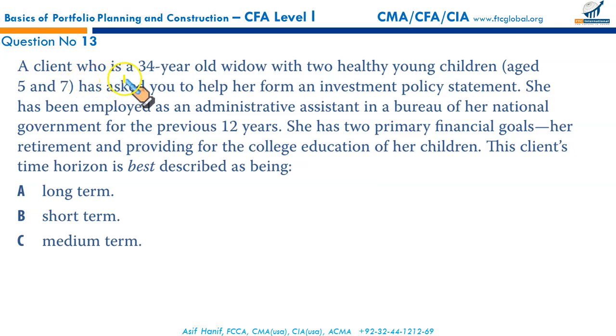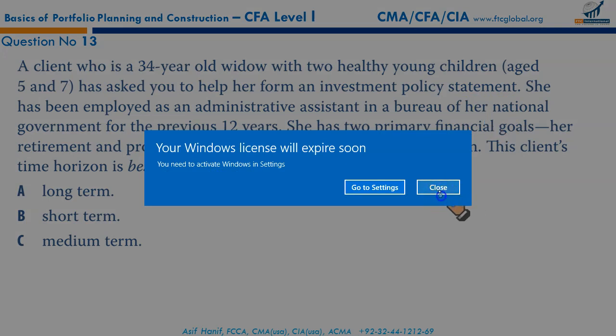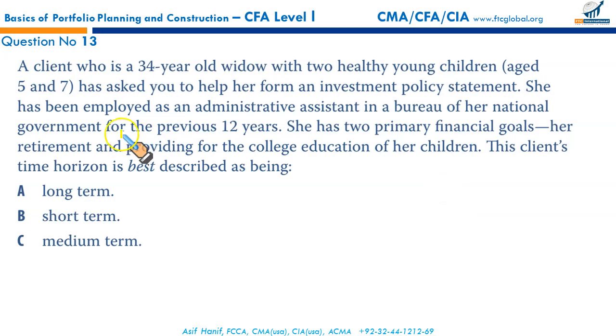Question 13. A client who is a 34 year old widow with 2 healthy young children aged 5 and 7 has asked you to help her form an investment policy statement. She has been employed as an administrative assistant in a bureau of her national government for the previous 12 years. She has 2 primary financial goals: her retirement and providing for the college education of her children.